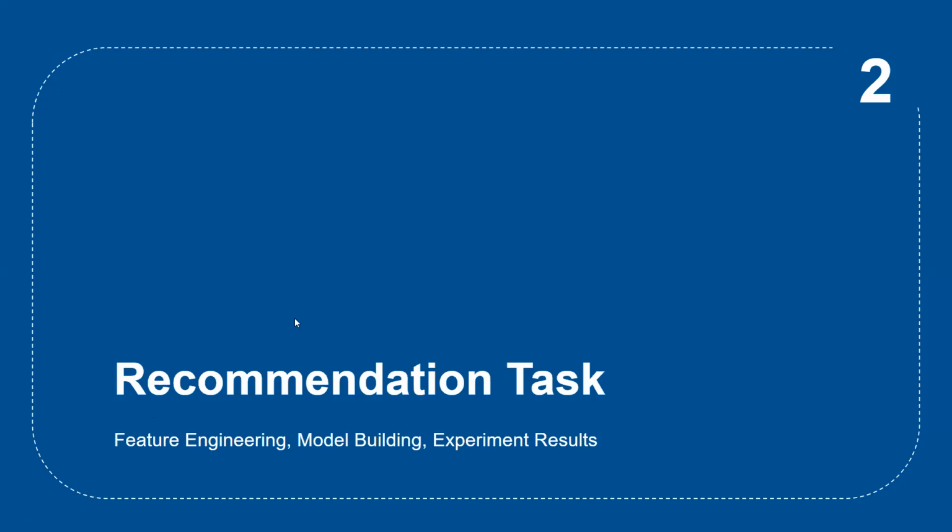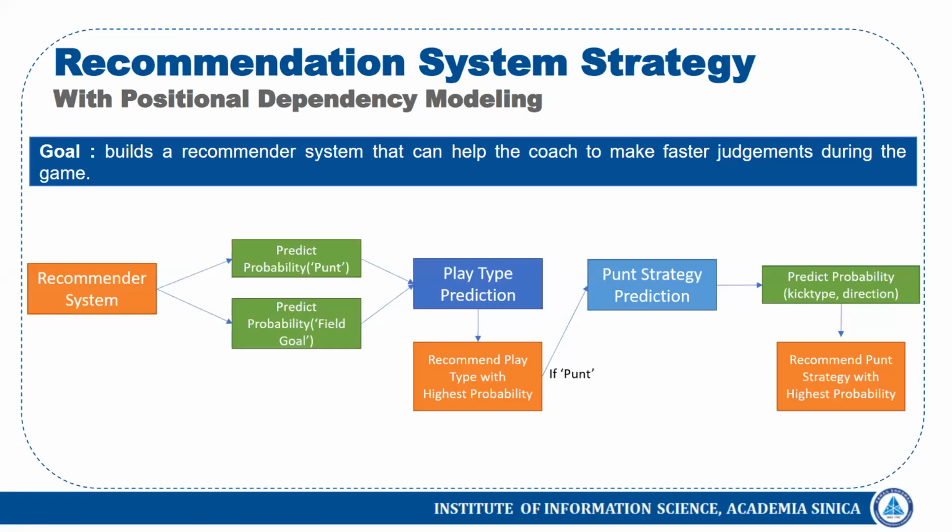In this part, we will explain more about our recommendation task. So this recommender system is built to help the coach make faster judgments during the game. But it only considers two main play types, which are punt and field goal, as our play type prediction.